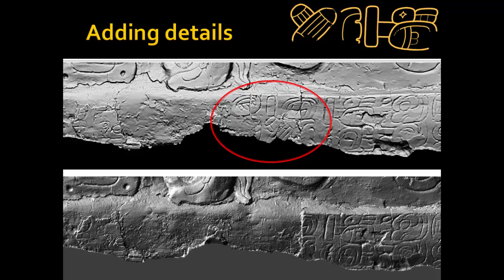So sometimes a single glyph in stucco can be incredibly important for archaeological research, and 3D scanning offers new ways of adding and extracting new data and combining with different types of our available sources.